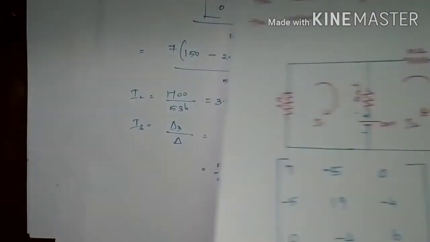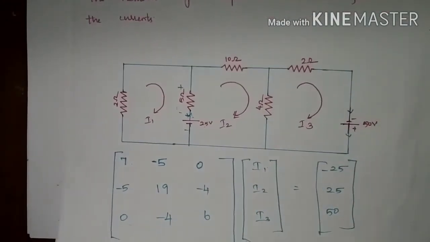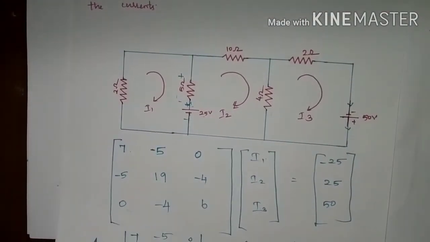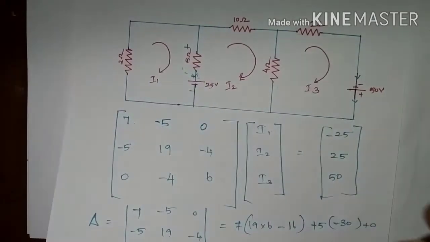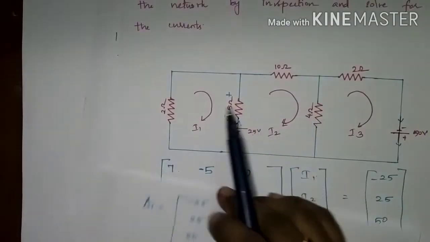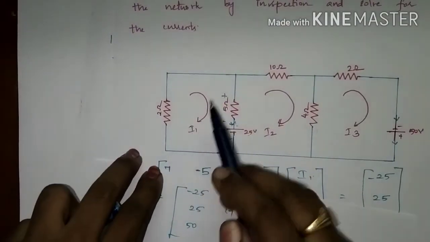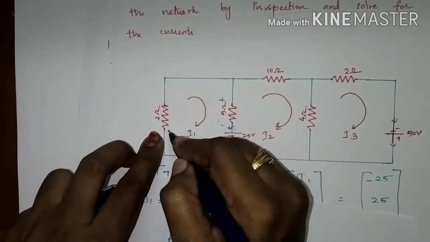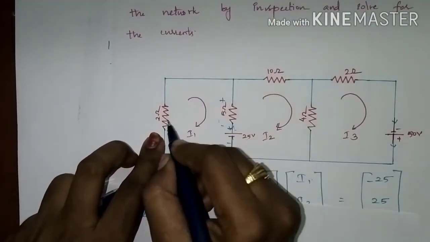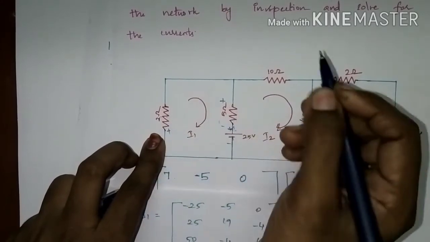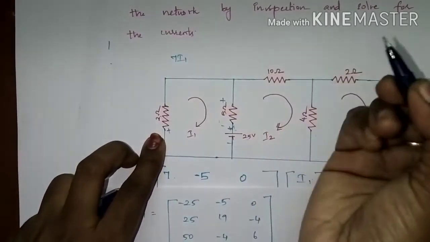You can check the value of the current I1 or I2 or I3 by writing the KVL equation of the first mesh and checking it out. If you write the KVL equation of the first mesh, the current enters here, right? So I1 current flows through 2 and 5, so 7 I1.